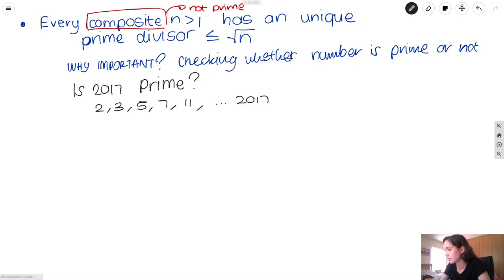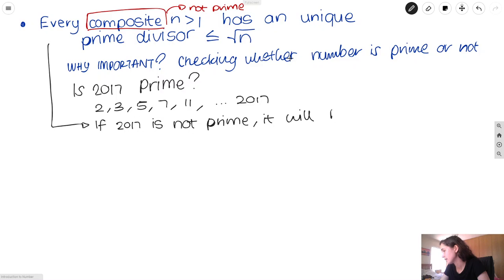But this rule says that if 2017 is composite, so if it is not prime, it will have a prime divisor that is smaller or equal to the square root of 2017.